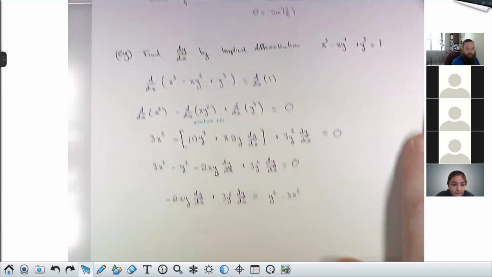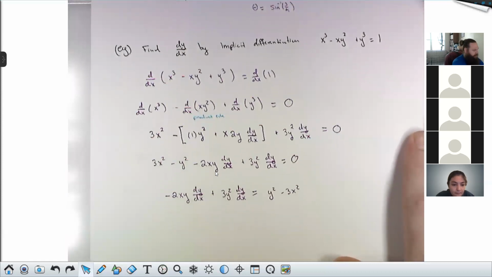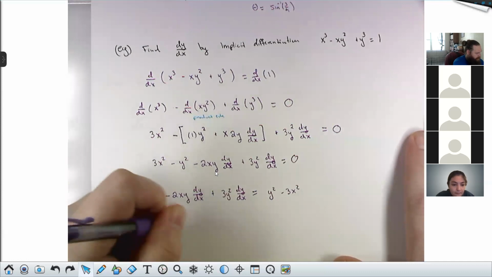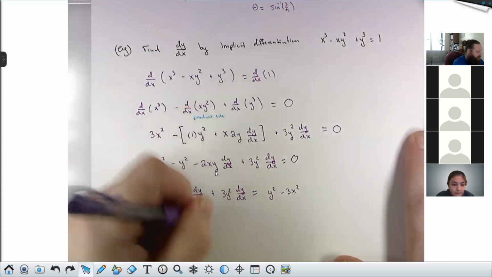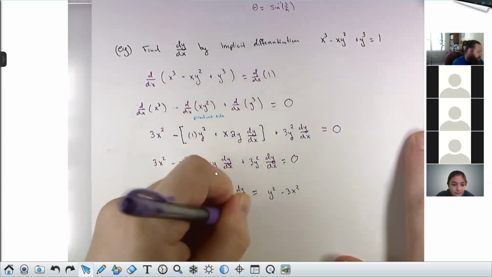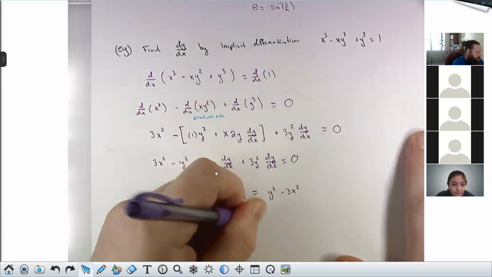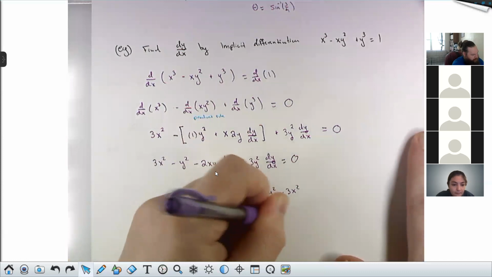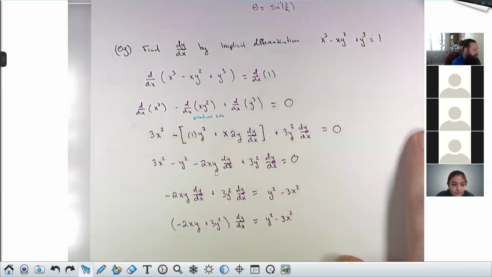Then on the left-hand side, I can factor out dy dx, and I get negative 2xy plus 3y squared, times dy dx, equals y squared minus 3x squared.